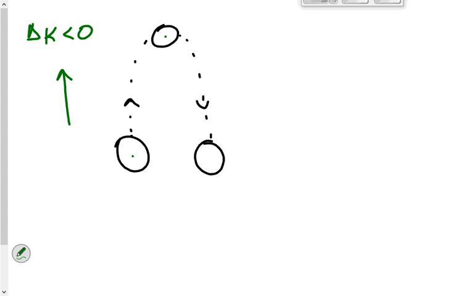So delta K has to be less than 0. So what does that tell me about the work? The work has to be less than 0. And in fact, based on what we did in Chapter 7, you know what that work is. Or you could figure it out.